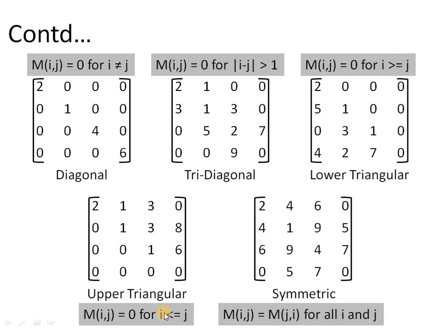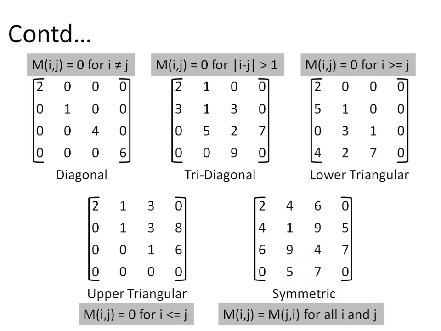Similarly, if row index i is greater than the column index j, then in case of upper triangular matrix, the corresponding entry is 0. Lastly, in case of symmetric matrix, the entry pairs (i, j) and (j, i) will have the same value.